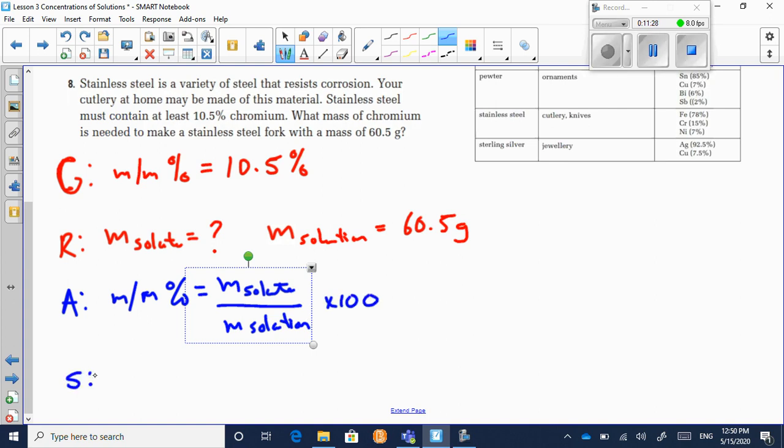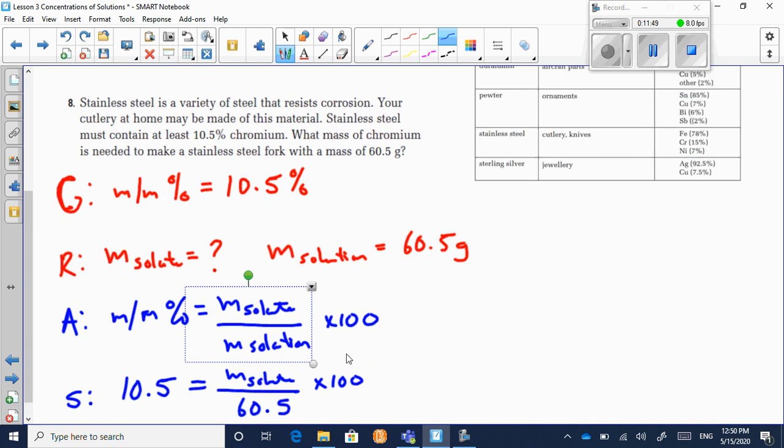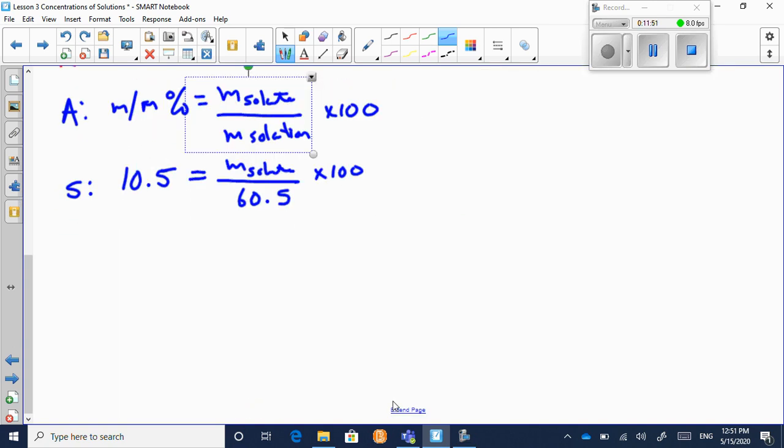Okay, let's sub and solve. So I've been given this 10.5%. I'm trying to solve for the mass of the solute. I've been given that the whole fork, which is all the metals mixed together, which is the solution, is 60.5, and then times 100. Okay, so I've got to solve for my unknown there.